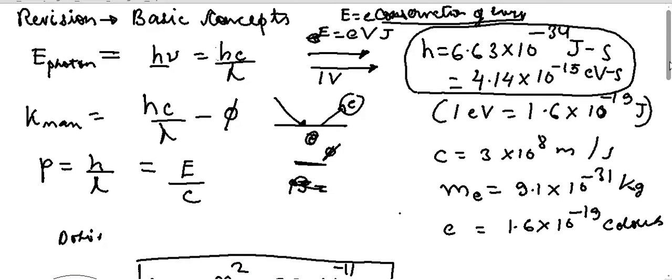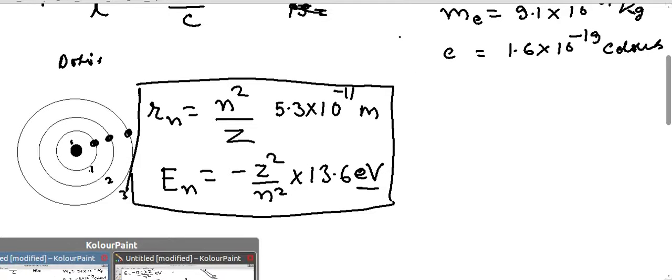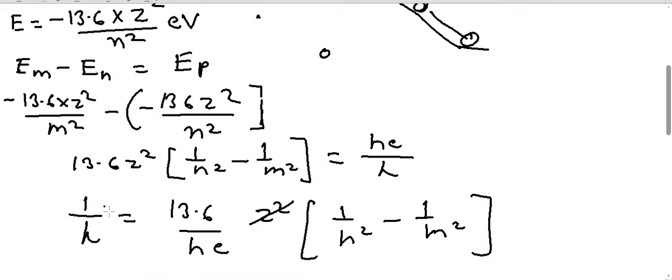Because this energy is in electron volt, the value of Planck constant to be used should also be in terms of electron volt in this formula.